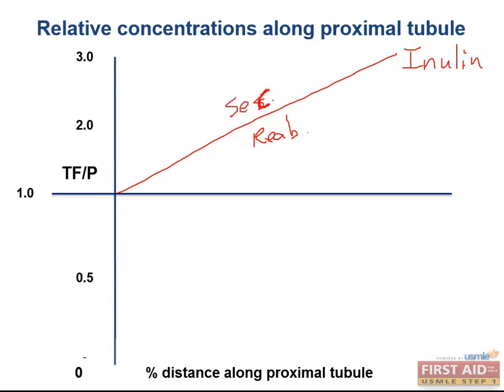Now there are a couple of important points to take away here. First, the vast majority of substances have net reabsorption in the proximal tubule.